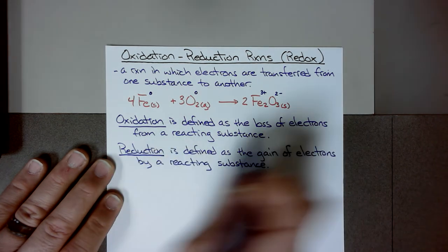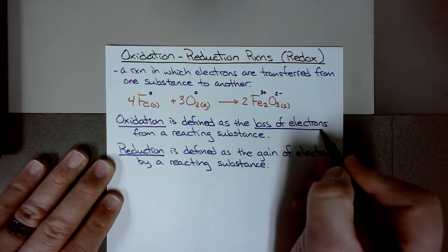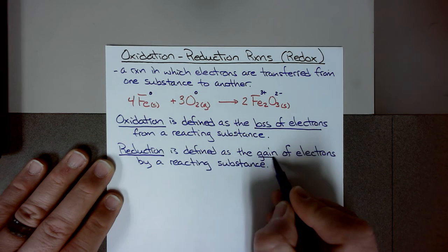Okay, so oxidation is loss of electrons, reduction is gain of electrons.